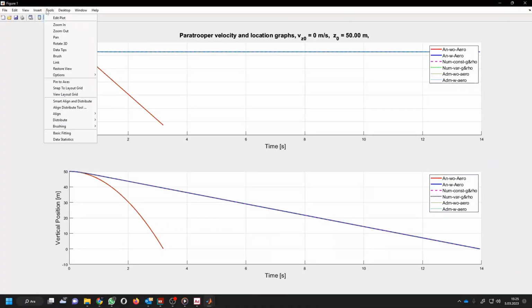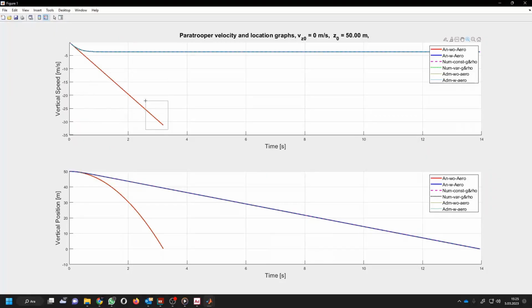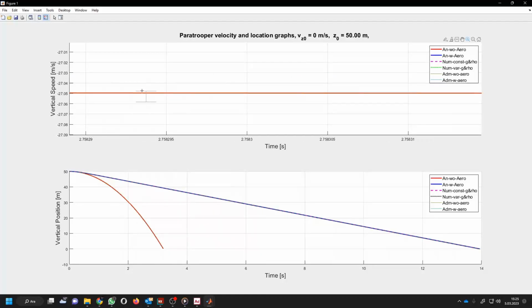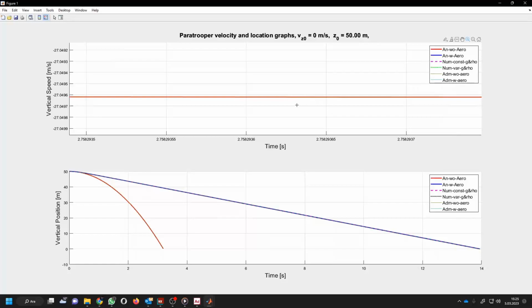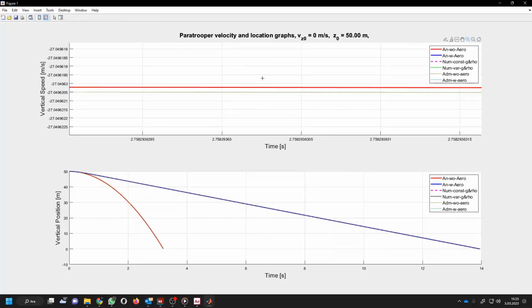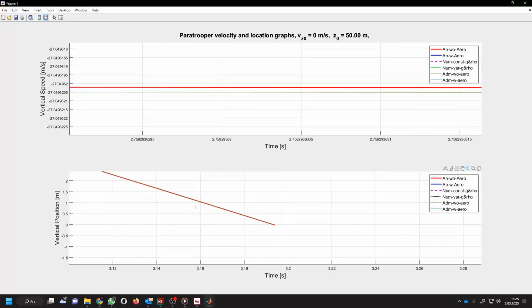So if we zoom in further, basically we will see that the model without aerodynamic model, which was our handmade solution, is the red one, and the solution of Adams without aerodynamic forces is this green, and they are perfectly matching according to me, for both velocity and position here.